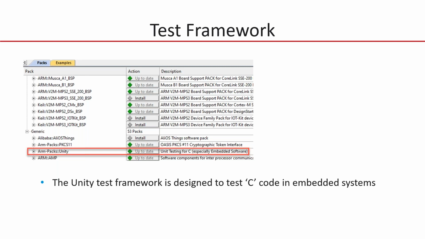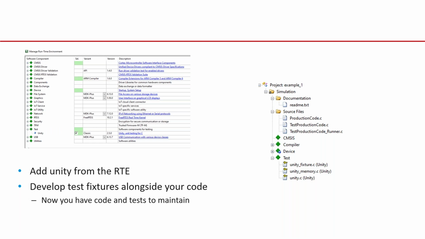So again, we can install that as a pack from the pack installer. And then within the runtime environment, this becomes available as a test framework. So we just need to tick the box here, and then it will add our test framework here. And we can then add our production code, and then we can add calls to our test framework around it. So we'll take a look at this now, but we go into this in more detail in a later webinar.